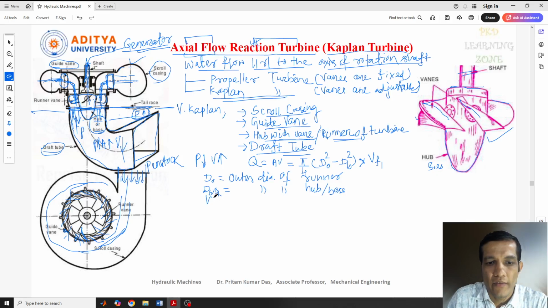Similarly, VF1 is the velocity of flow at inlet condition.